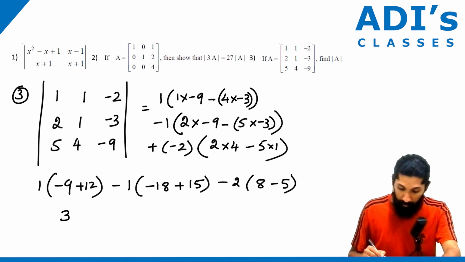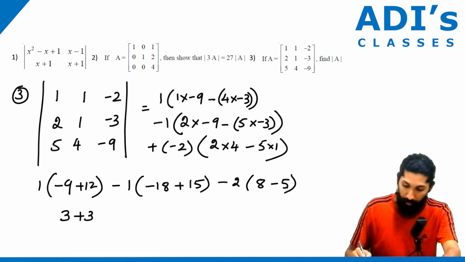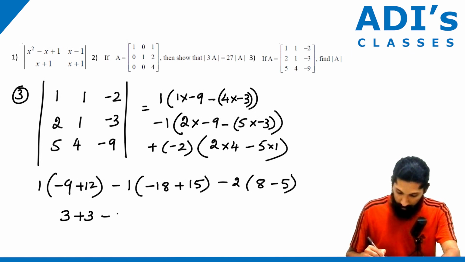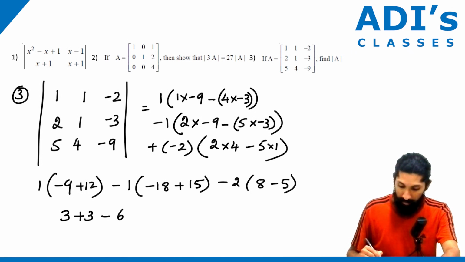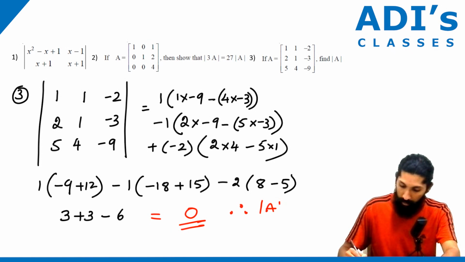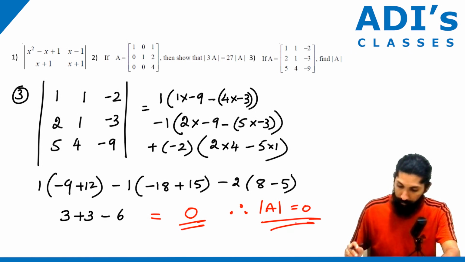This becomes 18 minus 15, but this is minus of minus 3, isn't it? So plus 3. Now 3 into 2 is 6. 8 minus 5 is 3. 3 into 2 is 6. Minus 6. What's the final result? Final result is going to become 0. So therefore, determinant of A is equal to 0.